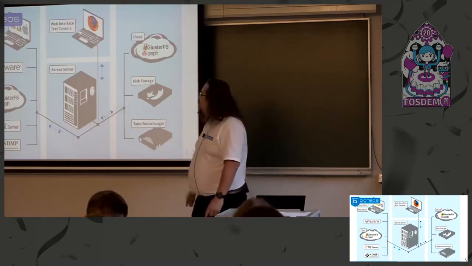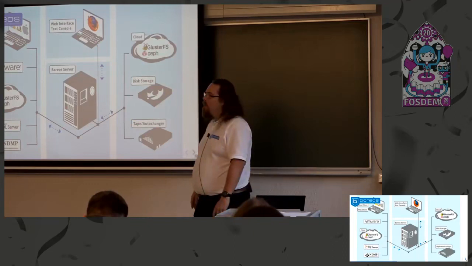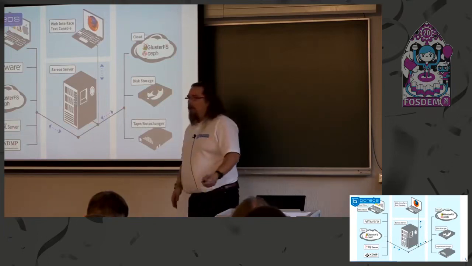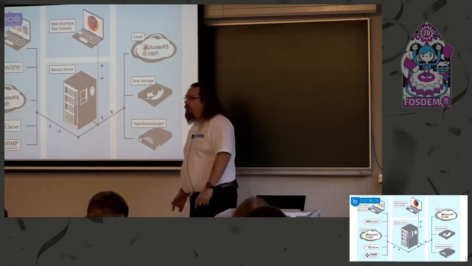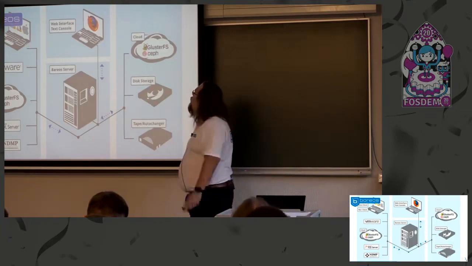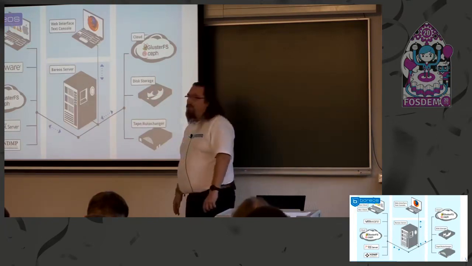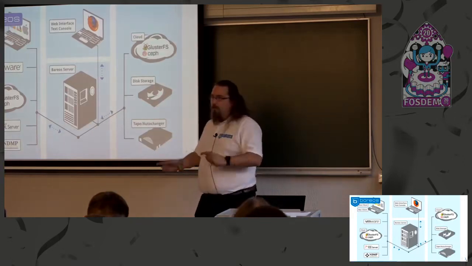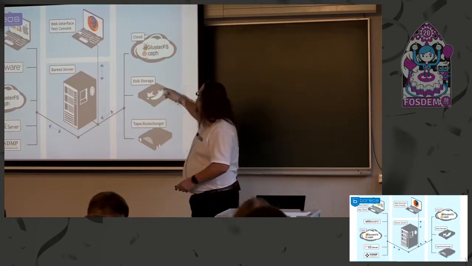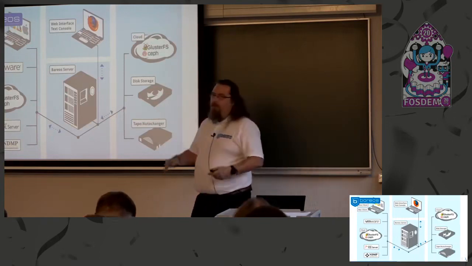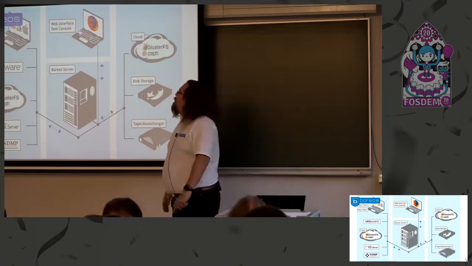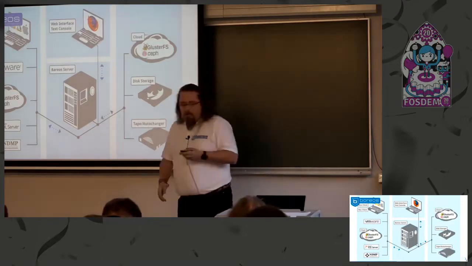On the tape auto-changer, you can also have tape encryption, hardware tape encryption, and we can write to the cloud, which may be an S3 backend, a Ceph backend, GlusterFS, as described. And you can do disk to disk to tape, for example, so you can migrate from one storage to the other and back, and from one data center to the other and back, if you want to. So that's what it does.